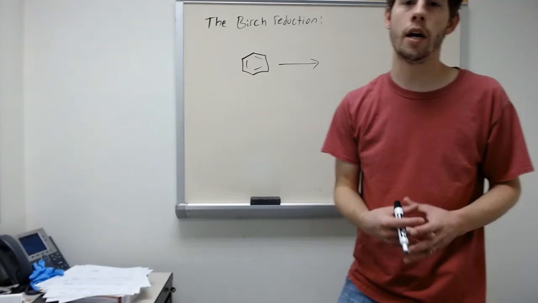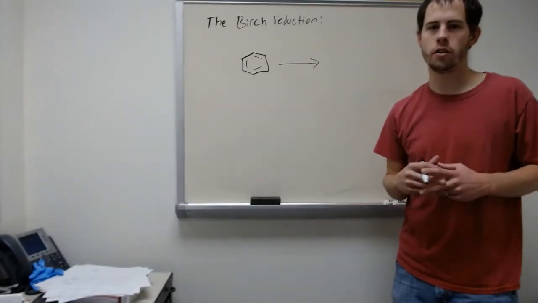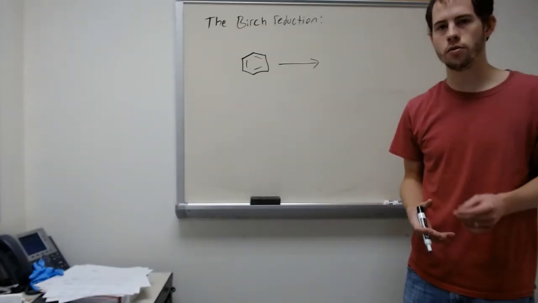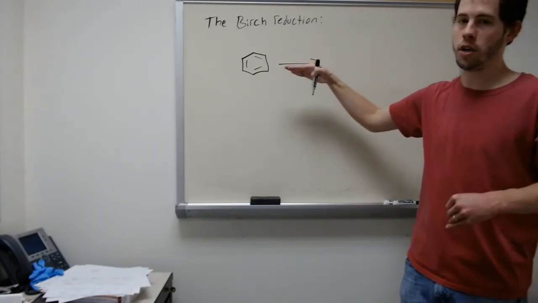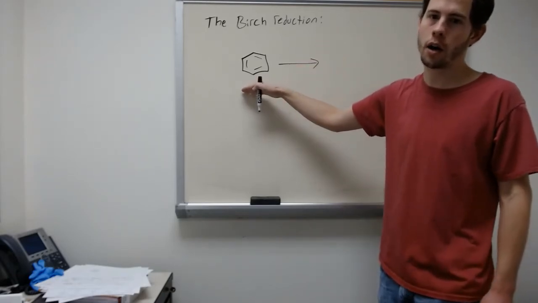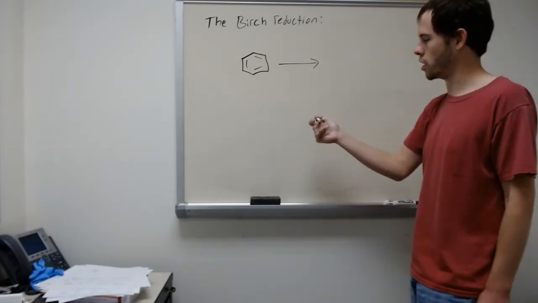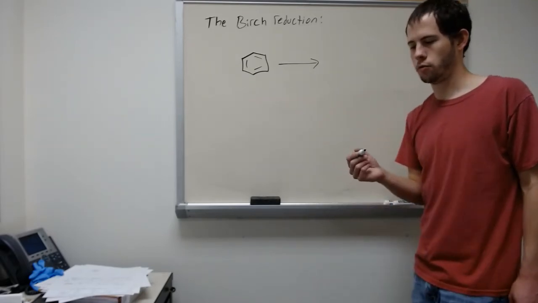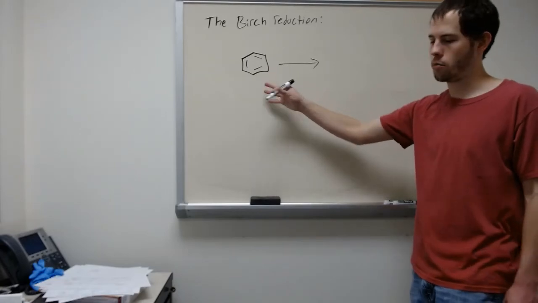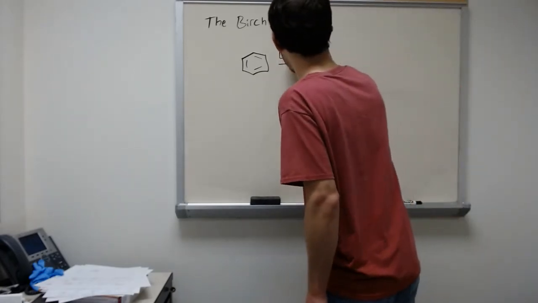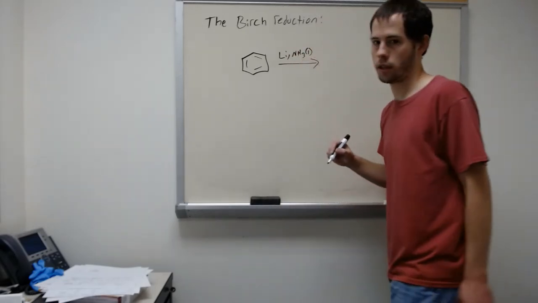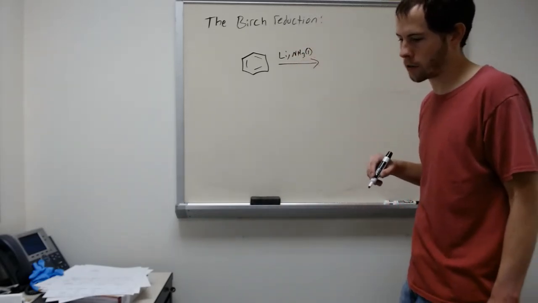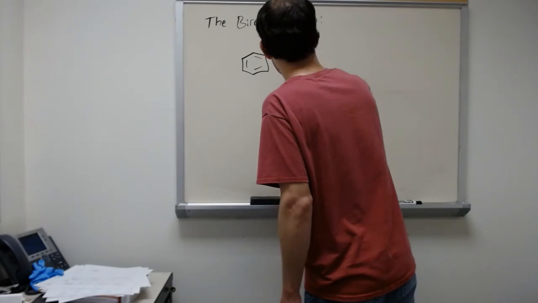All right, so one reaction I'm going to mention very briefly, but it doesn't have a whole lot of synthetic utility, is the Birch reduction. And so we can take a benzene ring, so an aromatic compound, we can do a dissolving metal reduction and get the reduction of one of these pi bonds. So if we take lithium metal, for example, and liquid ammonia, and we also have to throw in tert-butanol.